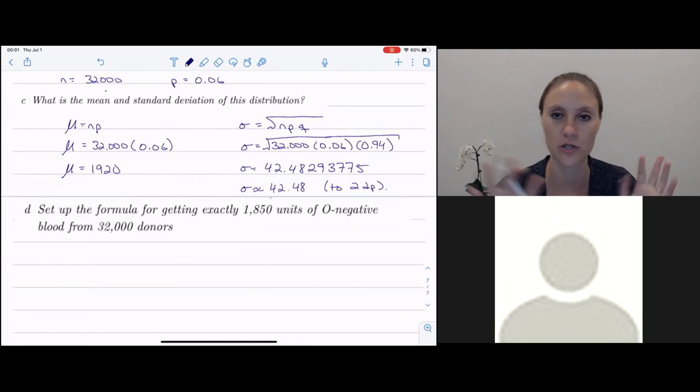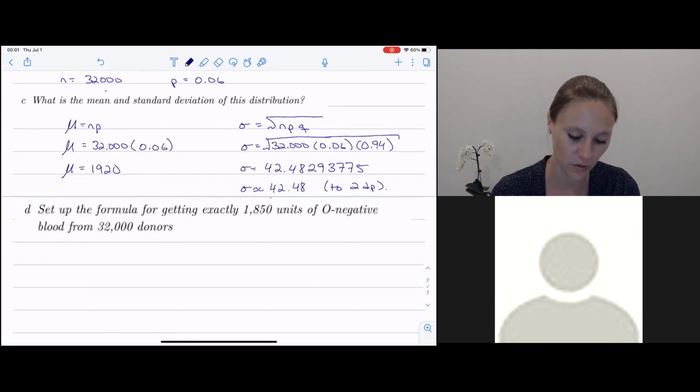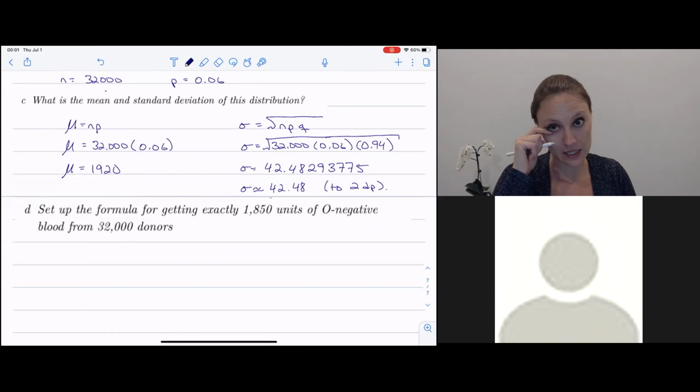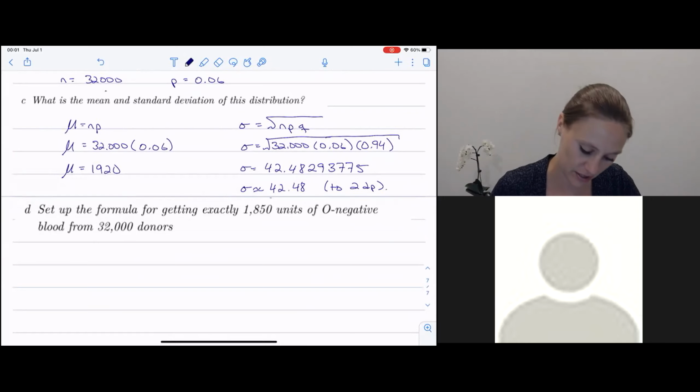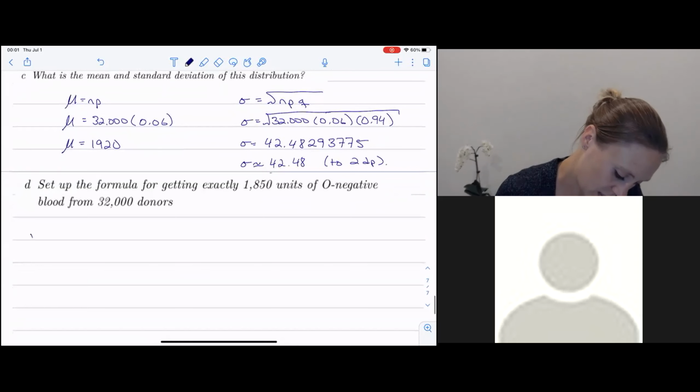Our calculators are just going to throw their hands in the air and say, no, I can't do that, right? So that's why we're just setting it up. But it's good to see what's going on. For getting exactly 1,850 units of O-negative blood from 32,000 donors, that's the probability that X equals K.